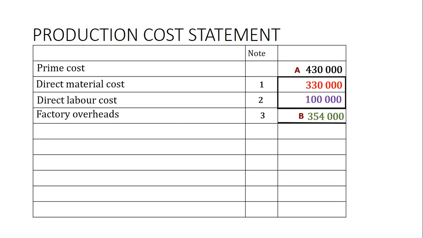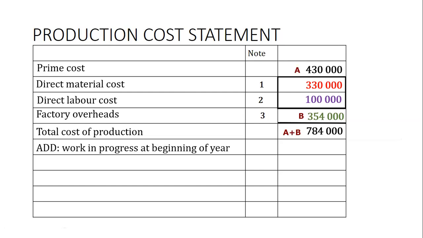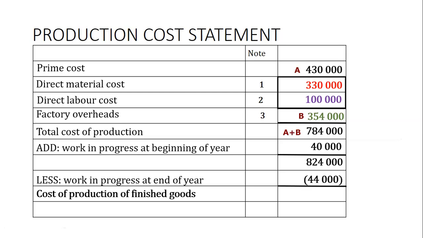So your total cost of production is made up of A plus B, right? From there, what else do we still need to add? Work in progress at the beginning. Work in progress at the end. What do we do with work in process at the end? We minus it, and then it'll give us total cost of production of finished goods.